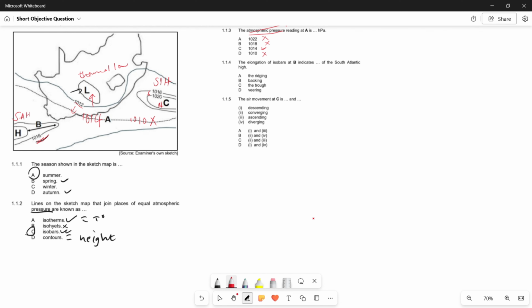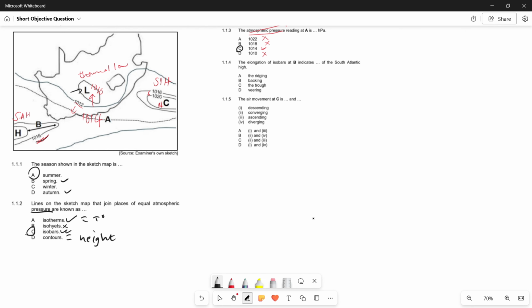So if this is 1012, this isobar would be 1010. And here, the high pressure system, air pressure should be increasing, so it should move from 1012 to a certain number which increases, and then another which increases to 1016. So 1014 fits this scenario perfectly. I hope that makes sense to all of you back at home. So the correct answer here would be C.